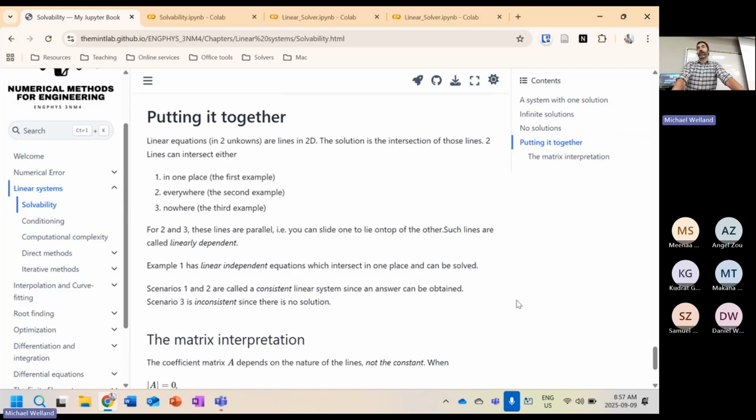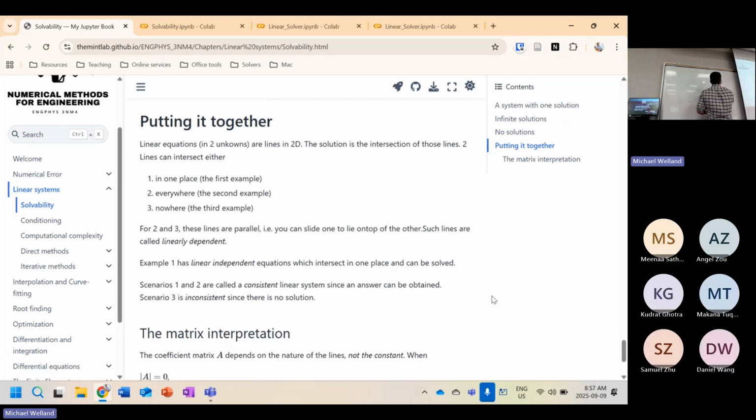By the way, if you're still struggling with that, you can also think about what it takes to calculate the inverse of A. Because if you were to do AX equals B, not that you ever should, X is equal to A inverse B. The complicated part is calculating A inverse, right?